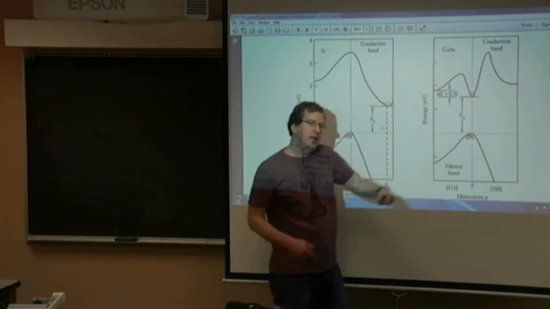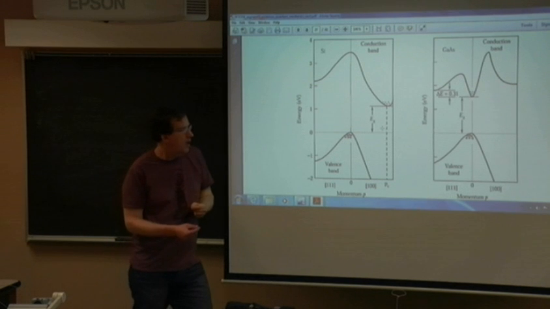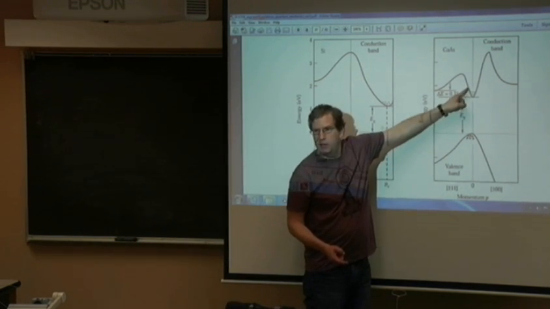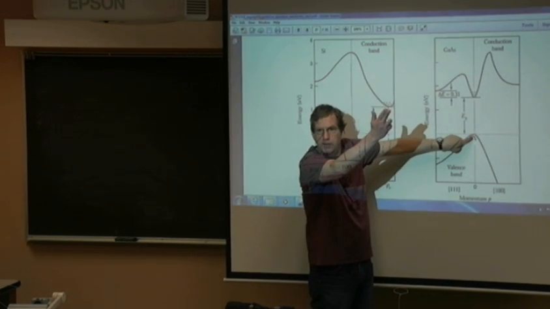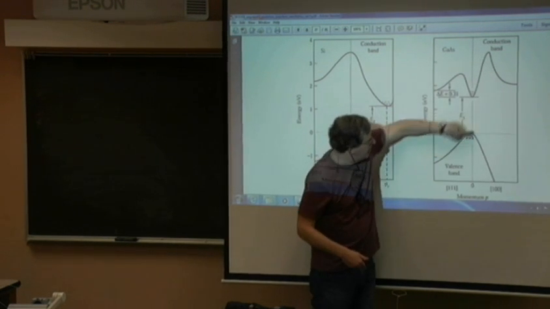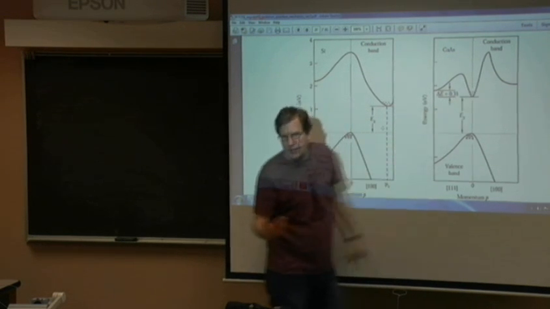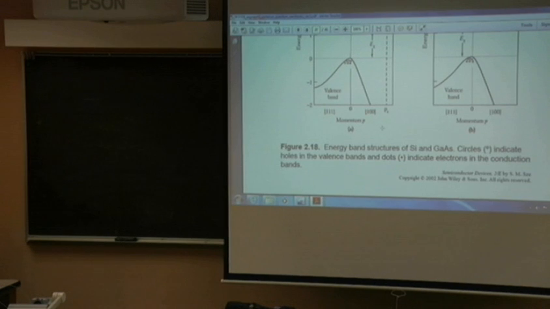So I don't need to involve a phonon for momentum conservation for an electron and a hole to get together. So very efficiently, as an electron falls down, it can release a photon, or it can absorb a photon, and that'll kick an electron up there. But conservation of energy is the net effect. Conservation of energy, conservation of momentum.